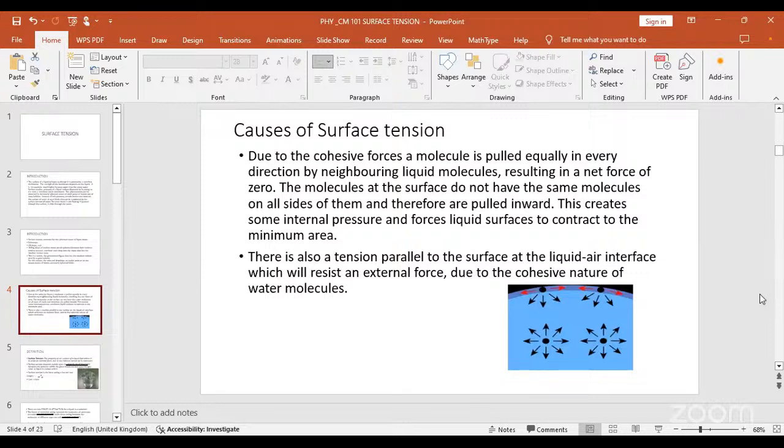I don't know if you have done what we call continuity, or Archimedes, or water flow, the Bernoulli's principle that I wanted to talk about.